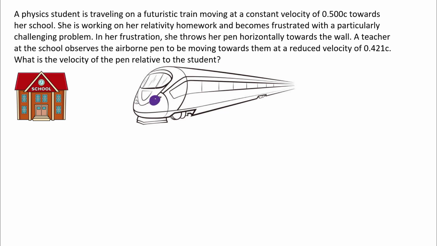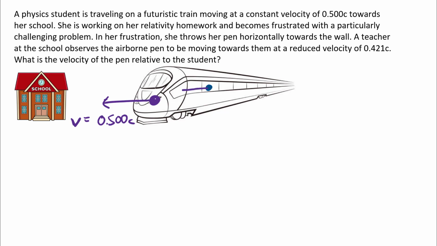So the first thing I want to identify is the train itself, right? The train is moving towards the school at 0.5 c, and that's observed by a stationary observer. So we're going to say that's 0.5 c, and that is the moving reference frame, v. Now we've got a pen aboard this train, and according to the person at the school, it's moving towards them at a velocity of 0.421 c.